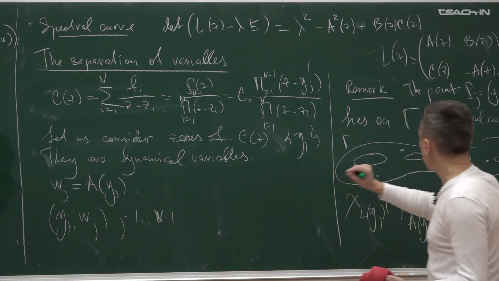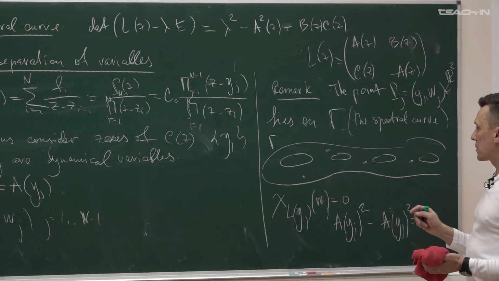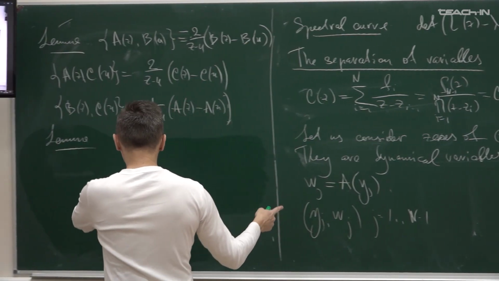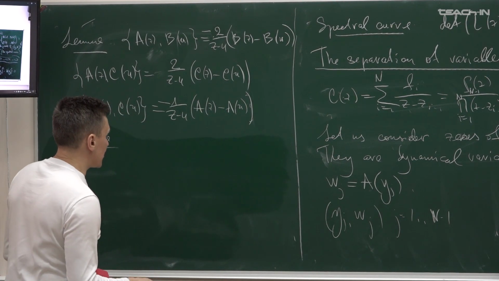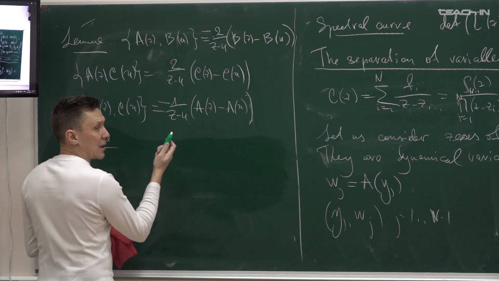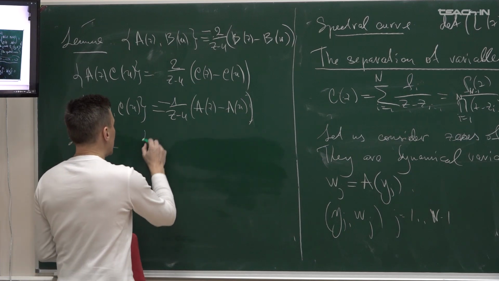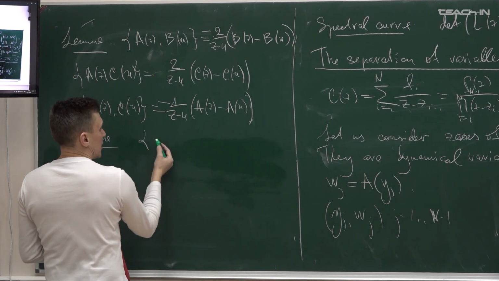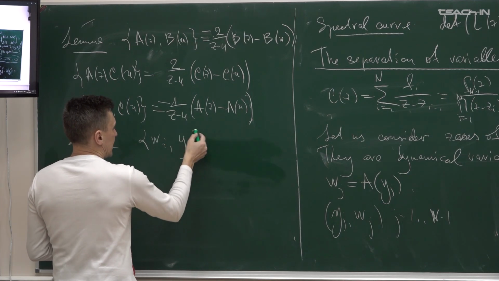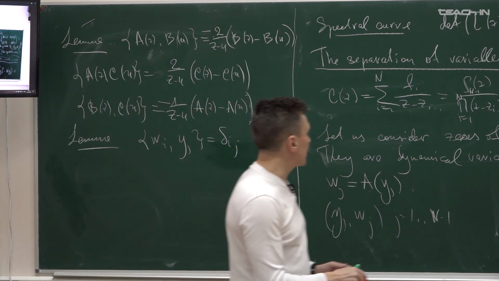Each pair of variables defines a point on the spectral curve, and the next step will be a manifestation of their very particular properties. So the lemma is the following: they are canonical variables for our symplectic structure. So the Poisson bracket of y_i and w_j is just delta_ij. So let us verify.